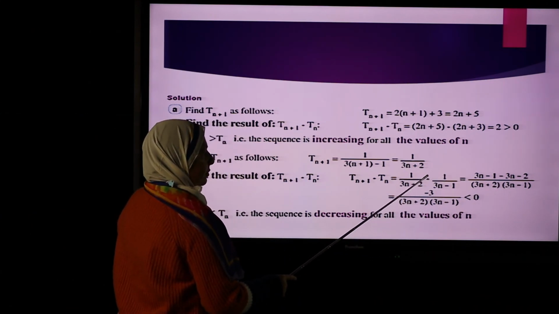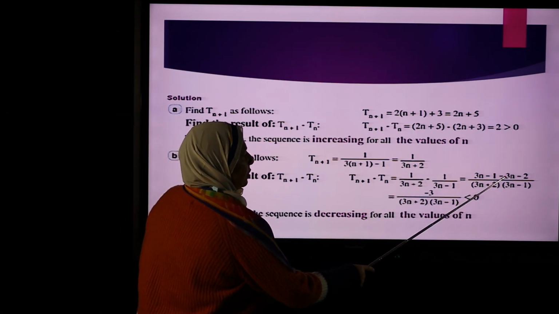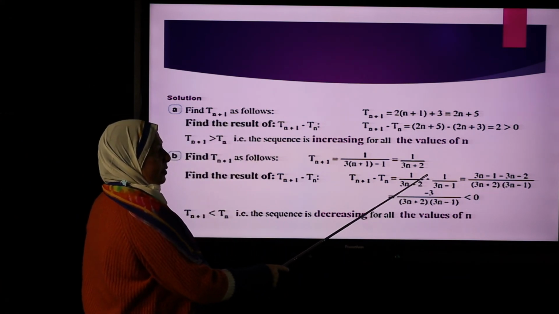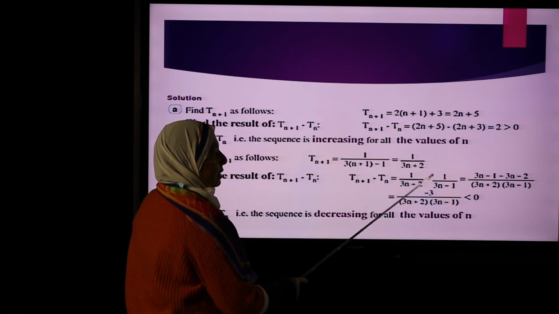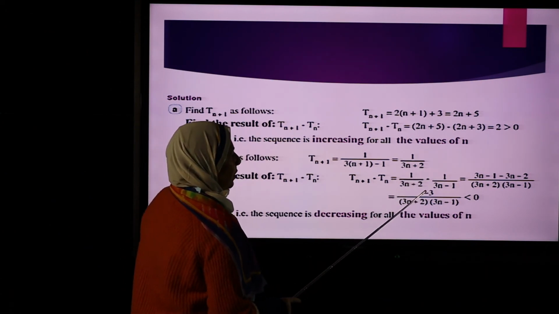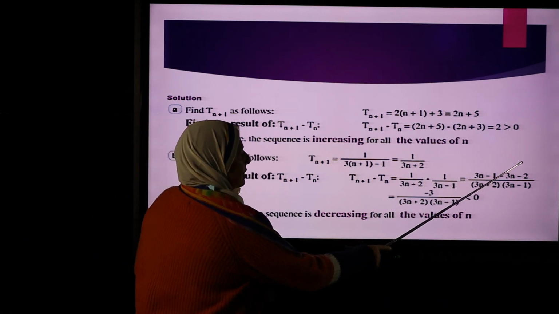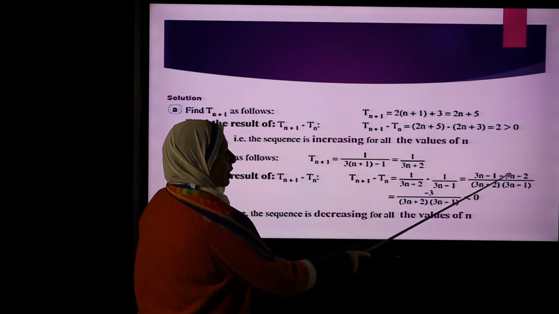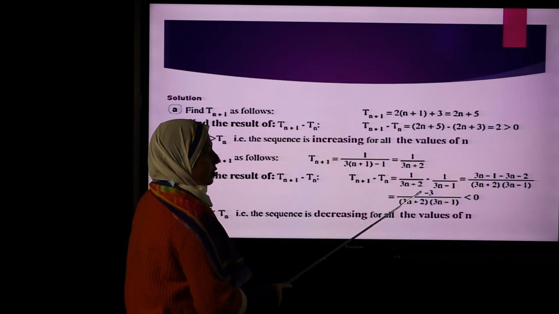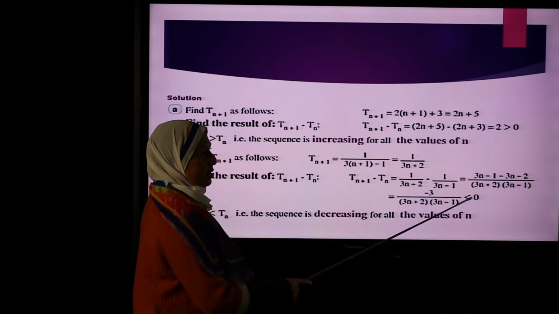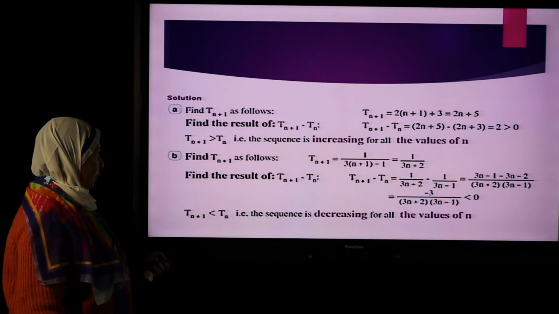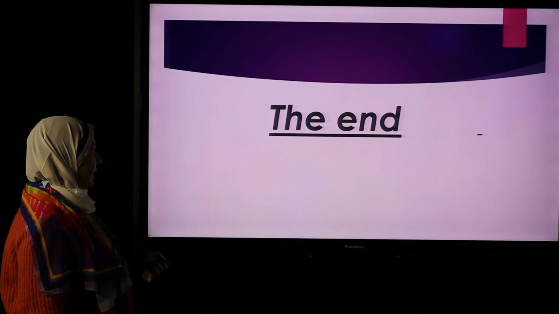Negative 3n minus 2, plus 3n... so negative. 3n cancels with negative 3n. Negative 1 minus 2 equals negative 3. A negative fraction, smaller than 0. Any negative number is smaller than 0. Thanks.